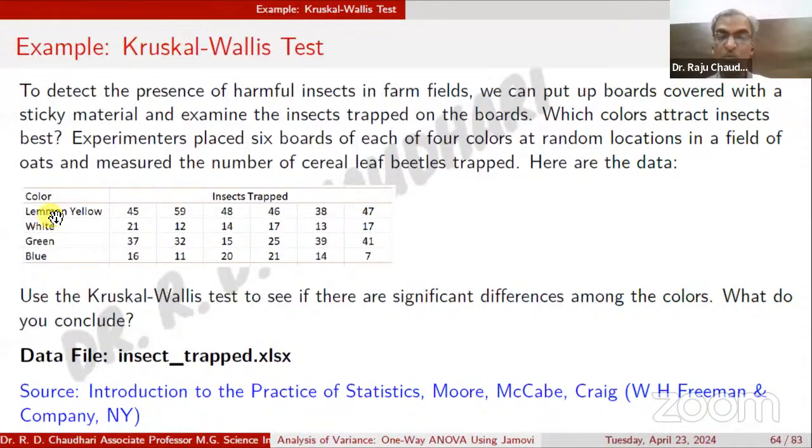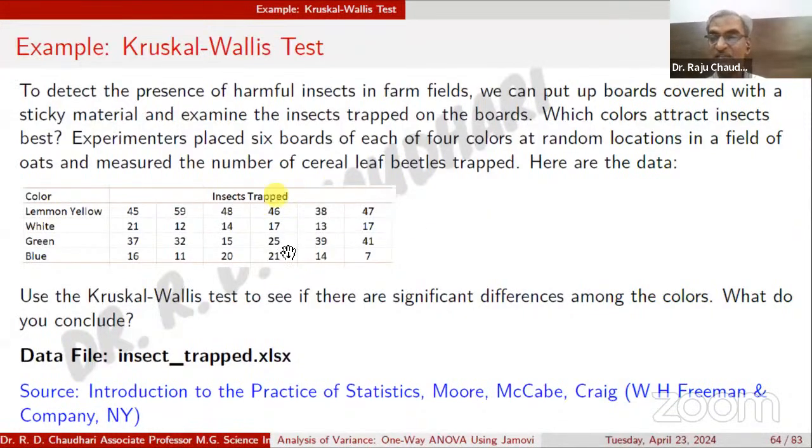So on one board, a lemon yellow color is used. On other boards, white, green, and blue colors, with a sticky material. Depending upon the colors, the number of insects trapped on that particular board are counted.